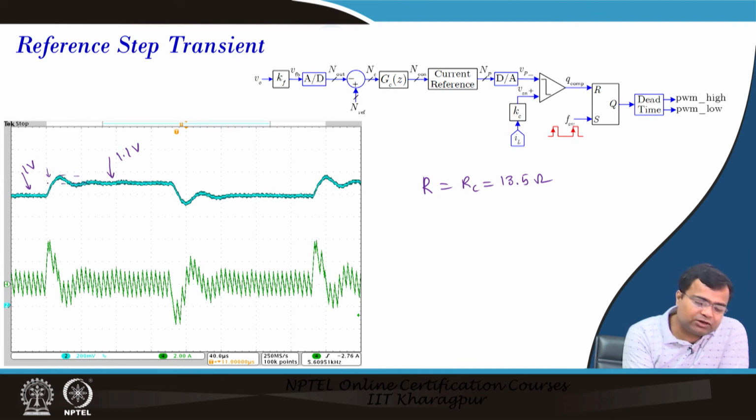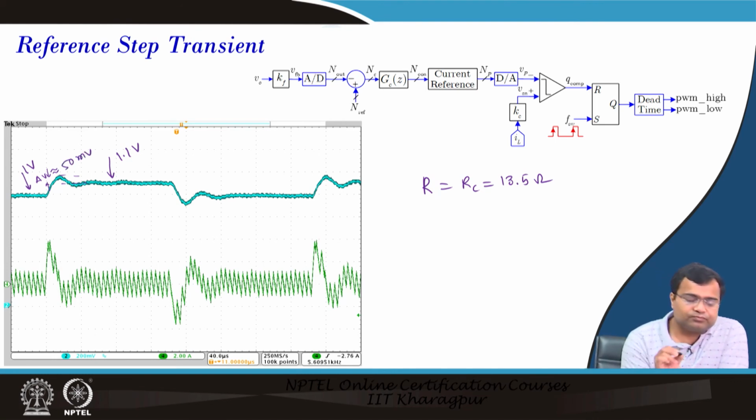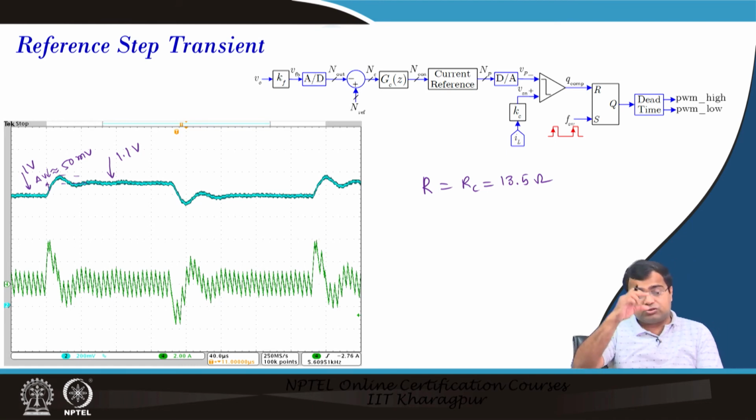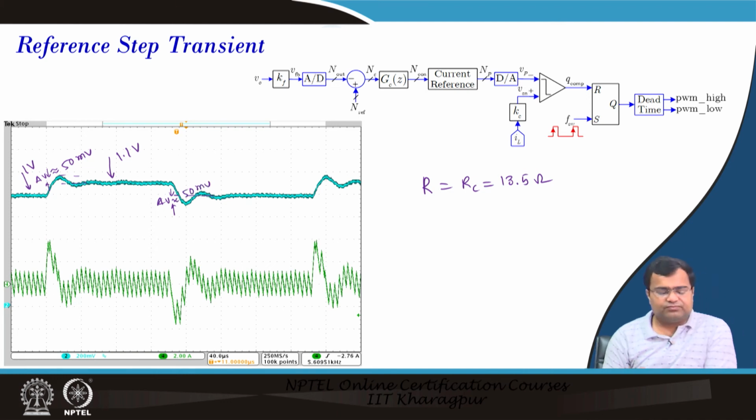On top of the 1.1 volt, we get around 50 millivolt overshoot for the 100 millivolt reference step transient. Similarly, we get an undershoot of around 50 millivolt.